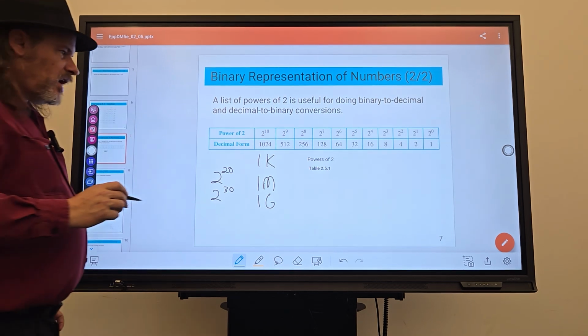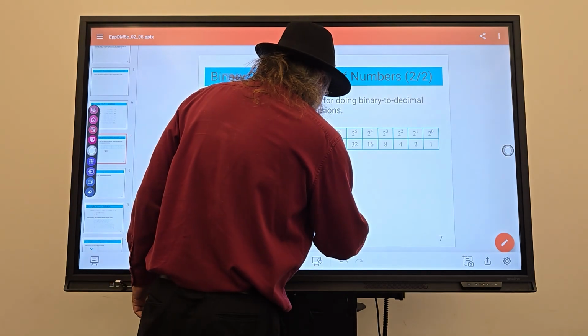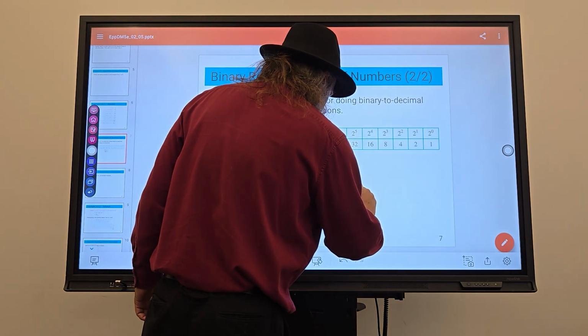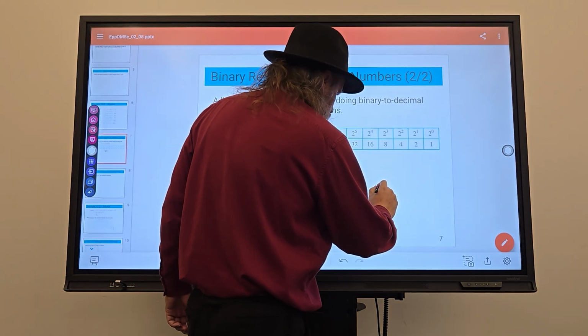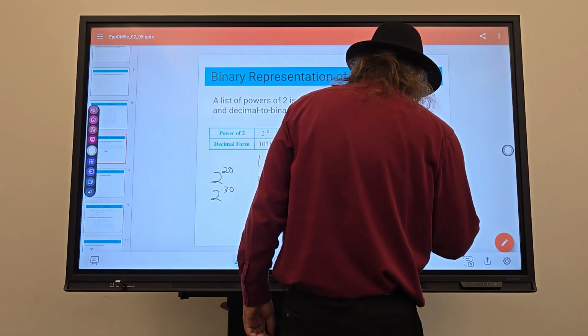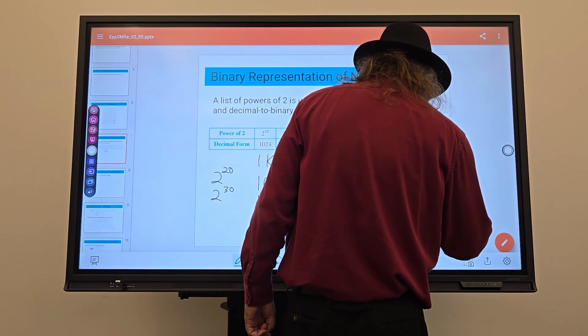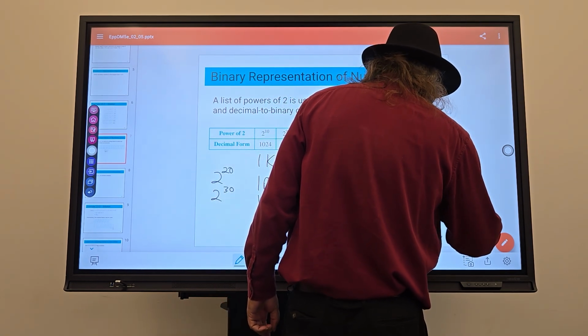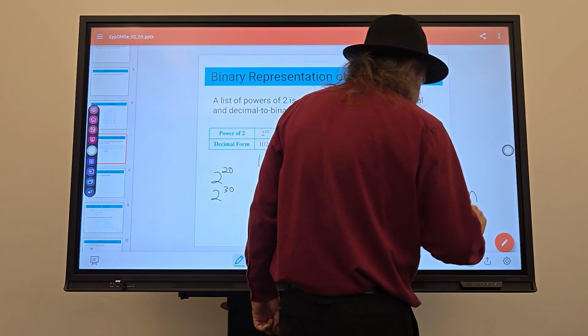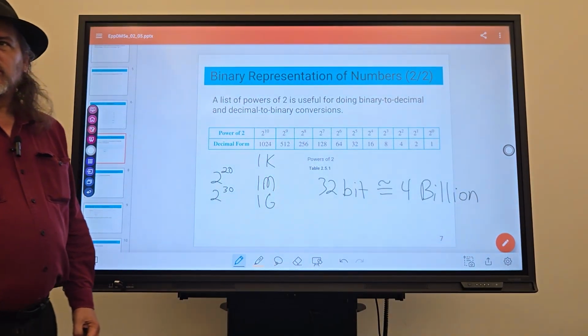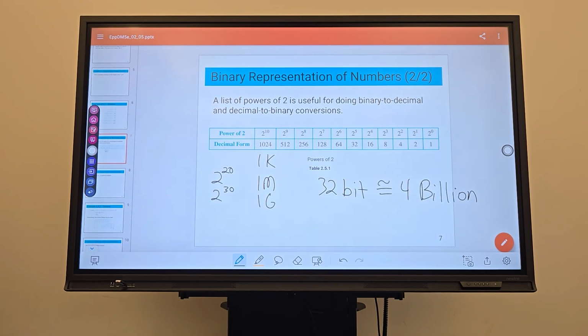The problem is, back in the day when Windows was a 32-bit operating system, if you had a file that was over 4 billion bytes, like a large video file, Windows didn't know what to do with it.